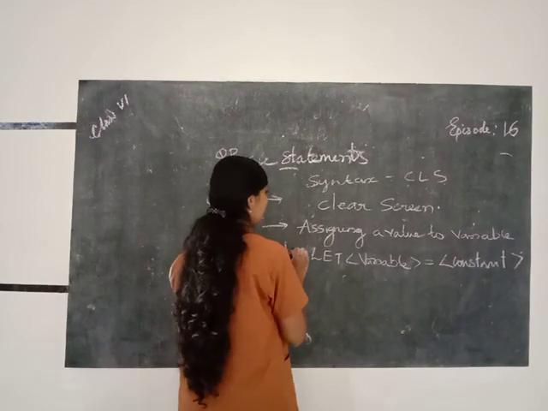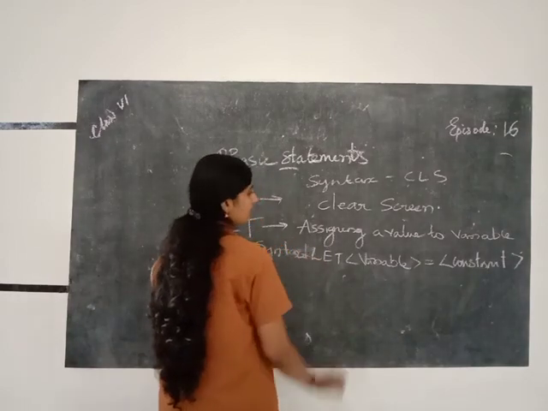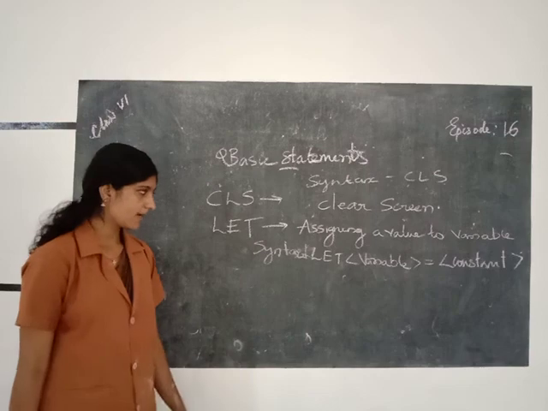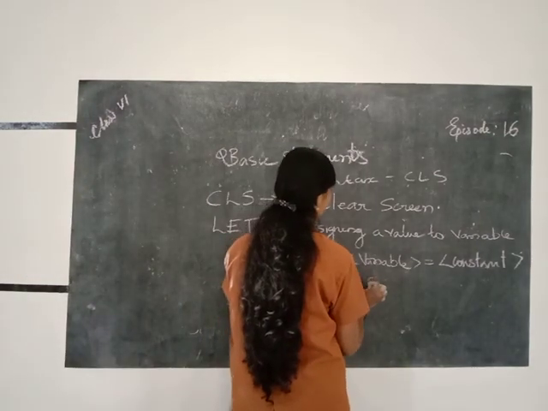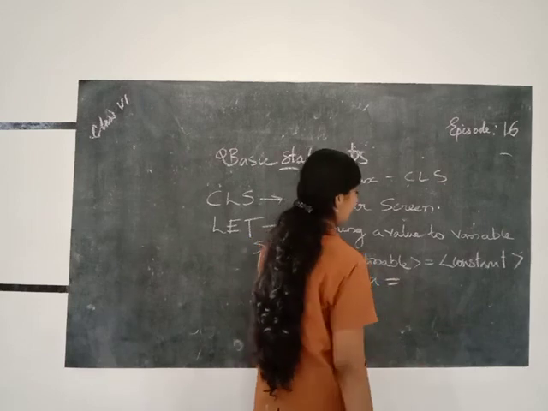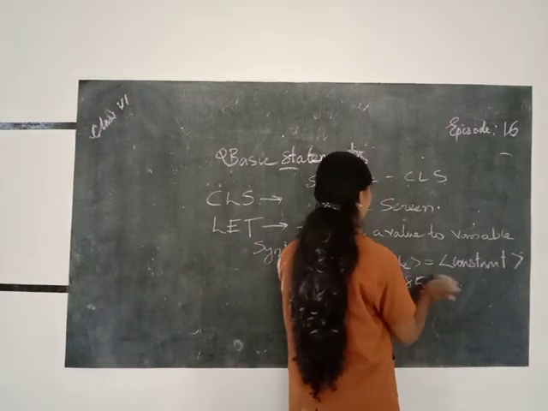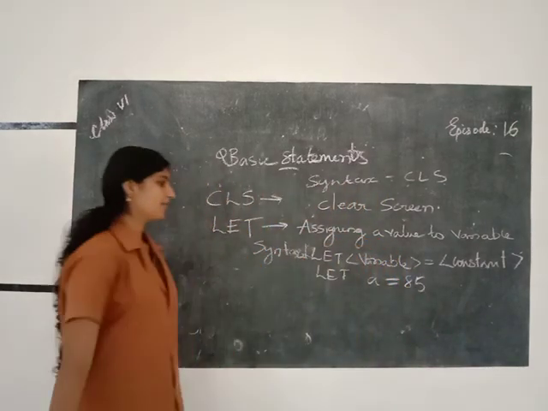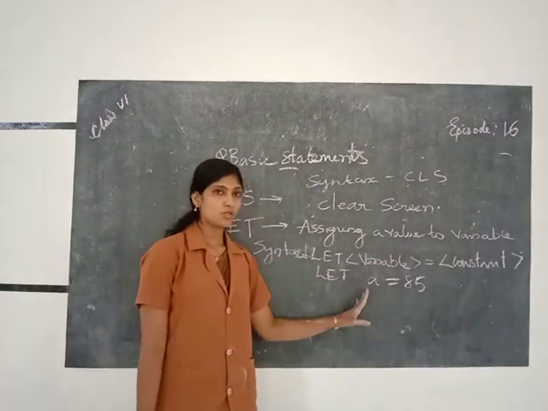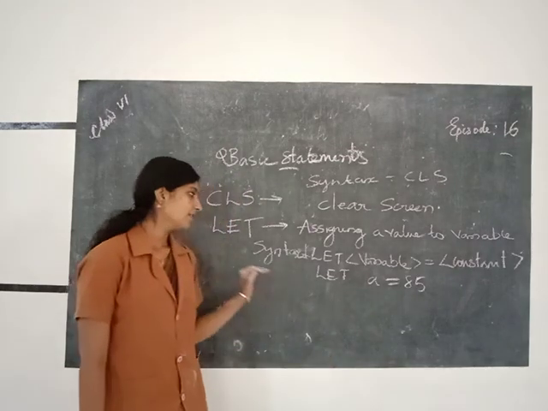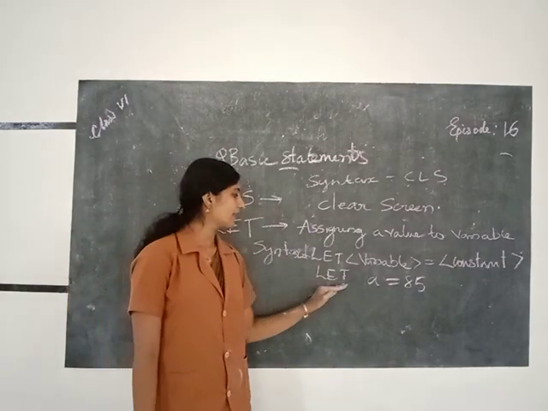LET, then variable, then equal to constant. So for example, LET A equal to 85. That means 85 is a value which is assigned to a variable A.